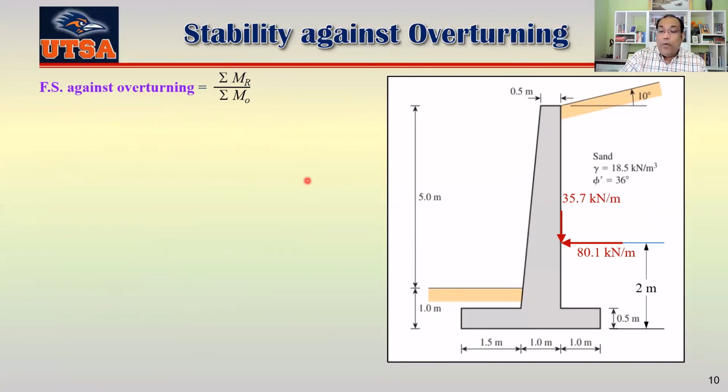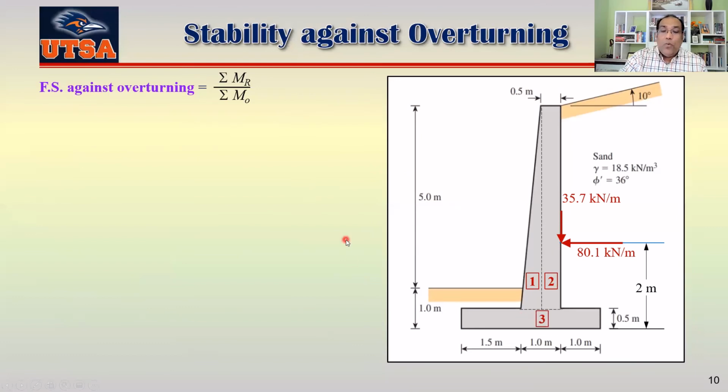Now again, we have to divide this area into several regular areas so that we can find out the weight and then see what are the moments with respect to this point here that will try to resist the overturning. So let's divide that one. We can see this is your area 1, this is area 2, and this is your area 3.